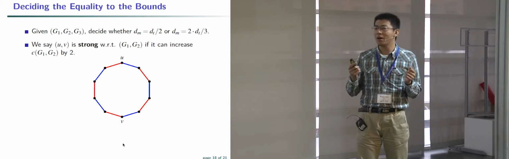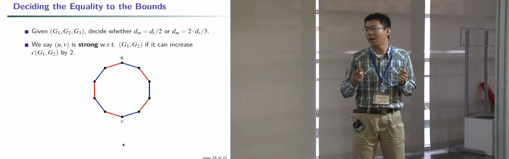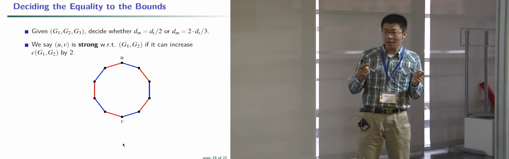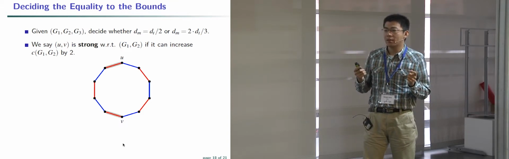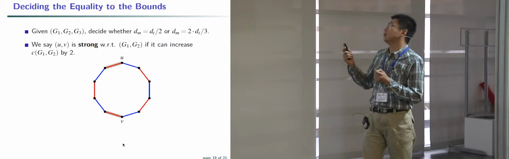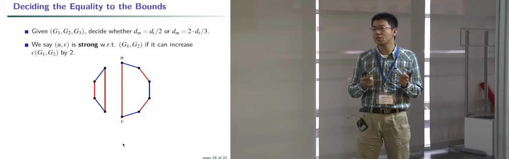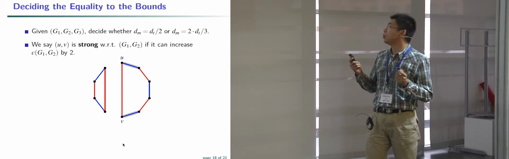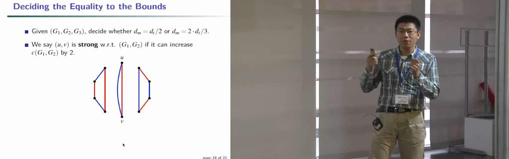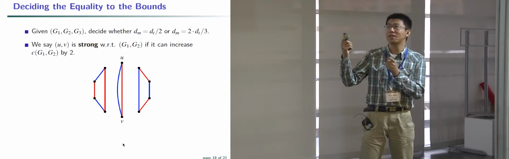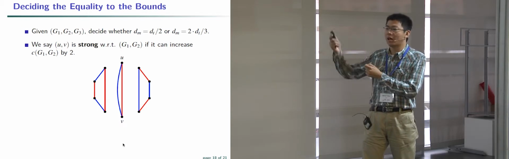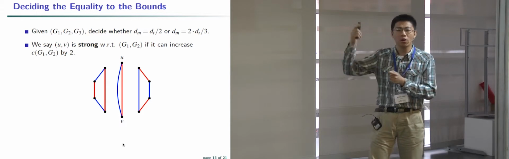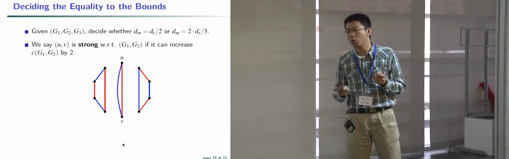We focus on the pair UV, and we can replace the two edges in G1 by two new edges like this, and we can replace the two edges in G2 by two new edges like this. If these two operations can increase the number of cycles by 2, like it did in this case, we call UV strong with respect to G1 and G2.